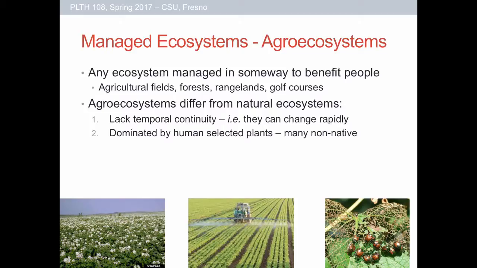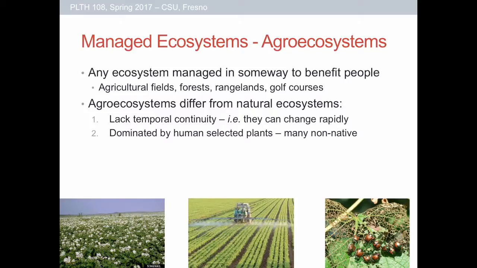Agroecosystems are dominated by human-selected plants, right? We choose what goes into these agroecosystems, whereas natural ecosystems arrive at their communities based on what the environment is suited for and what is available in the surrounding areas. Whereas humans, if we want to grow rice in California, even though nothing like rice has ever grown here before, we can do that. We can just pick it up and drop it off here and grow it.